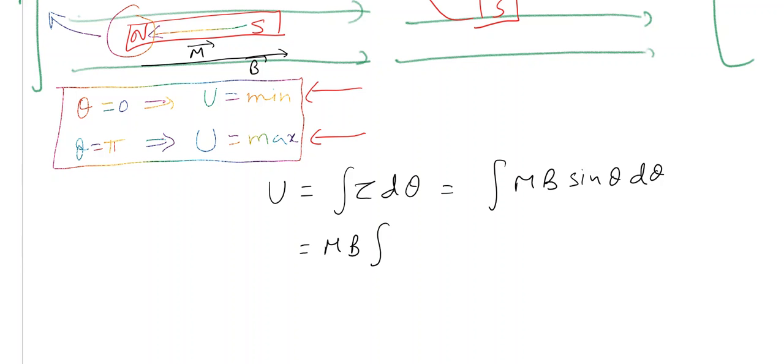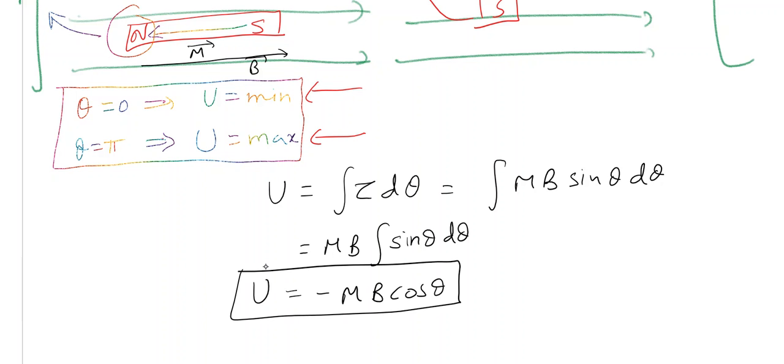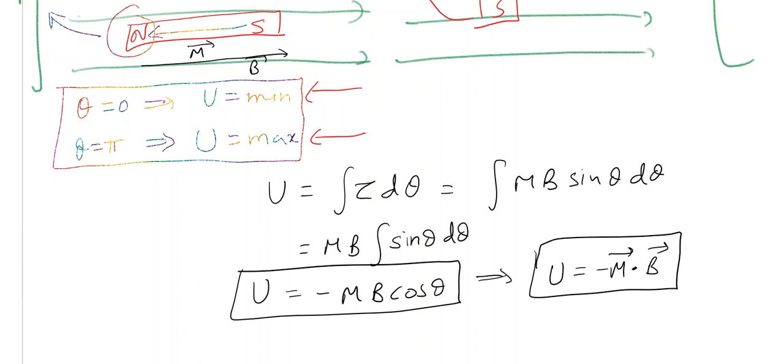The integration of sine theta gives us minus cos theta. So this is the expression for magnetic potential energy, or else we may write this as minus m dot B, because we know that a dot b is ab cos theta, so m dot B will give us mB cos theta. This is the expression for magnetic potential energy.